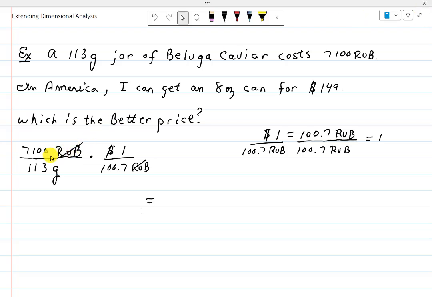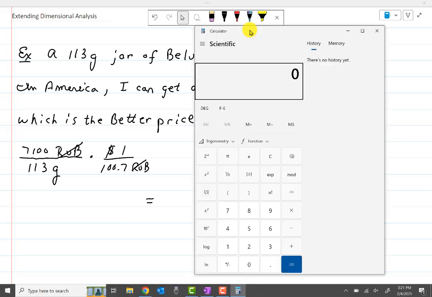Let me see what my new number is. So basically, I'm going to take 7,100 and first divide by 113. 7,100 divided by 113, I get 62.83 so far, and then I'm going to divide again by 100.7.